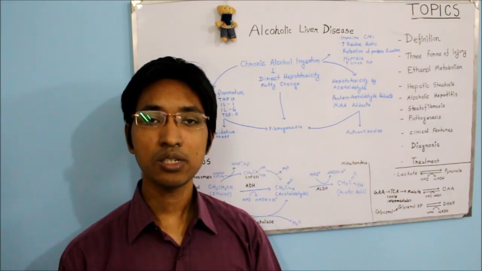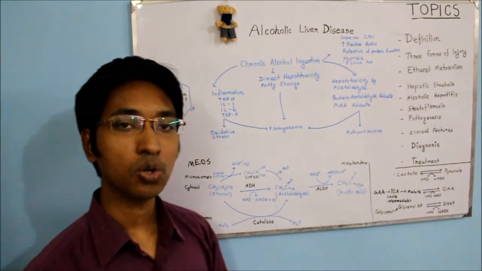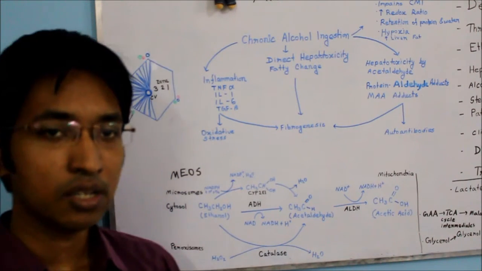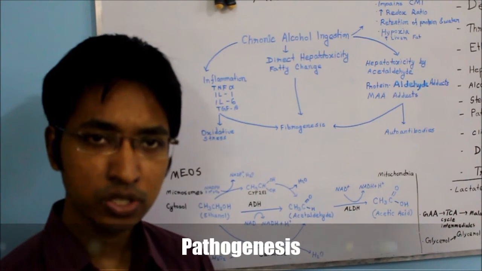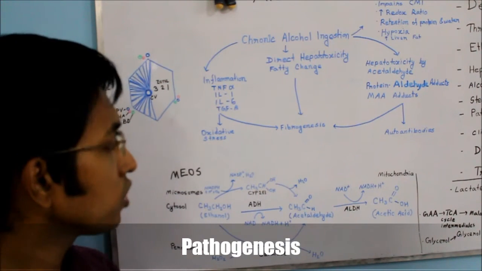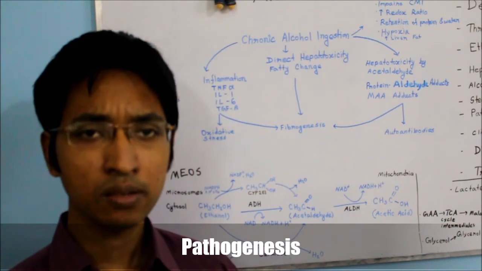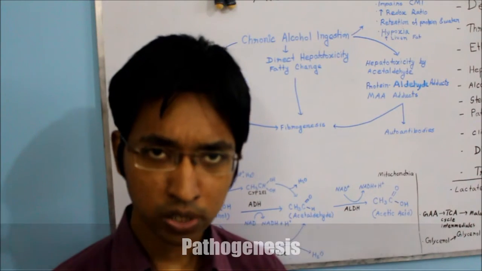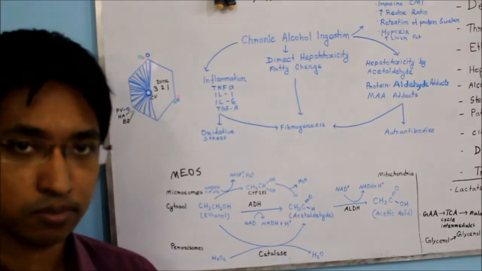We will begin by talking about the pathogenesis of alcoholic liver disease. As you can see, in order to explain the pathogenesis, I have drawn a flowchart on the whiteboard. In your textbook, you will see that there are about 10 mechanisms involved in the pathogenesis. So now we will discuss those 10 mechanisms.